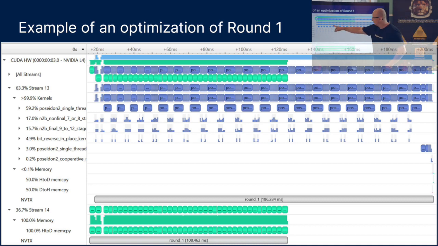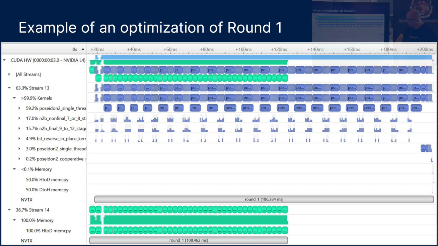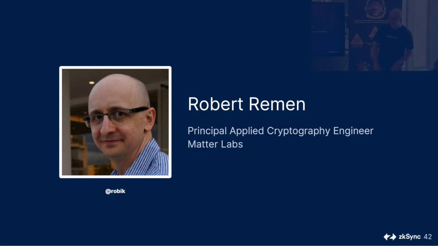And this allows me to break up the Poseidons into chunks and overlap them with the transfers. So here you see the transfers, they are done here, and the rest of the Poseidons runs, and that's it. Yes, that's it. Thank you.